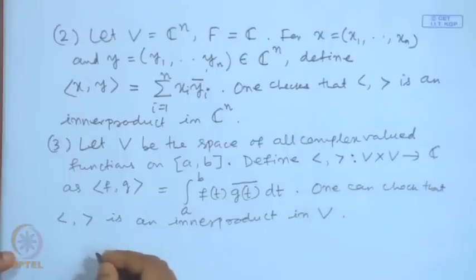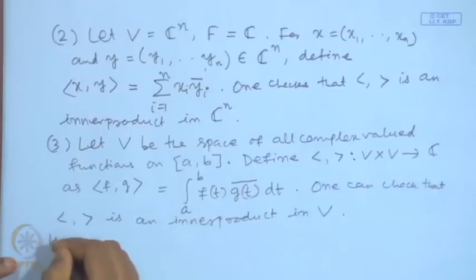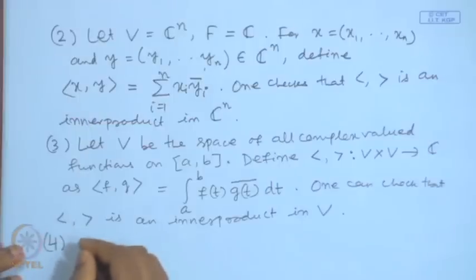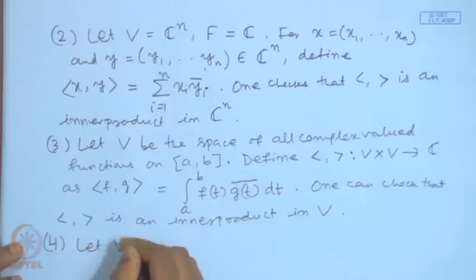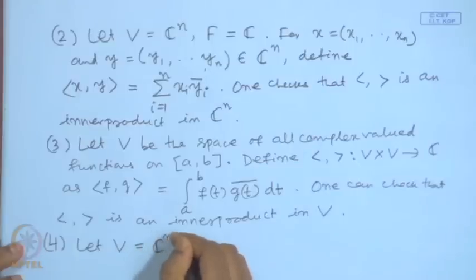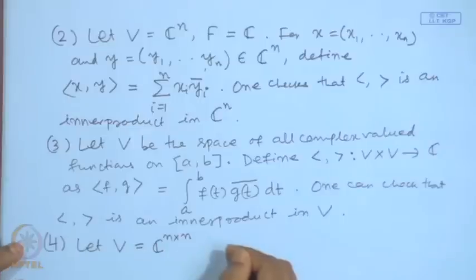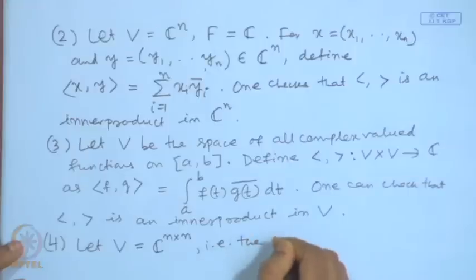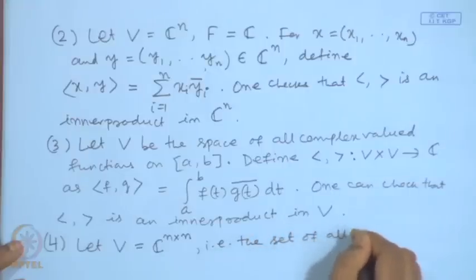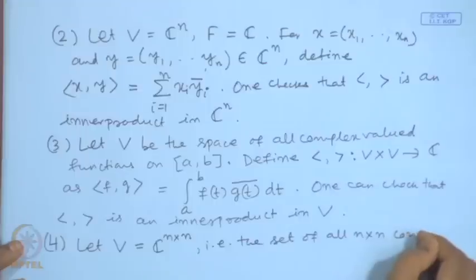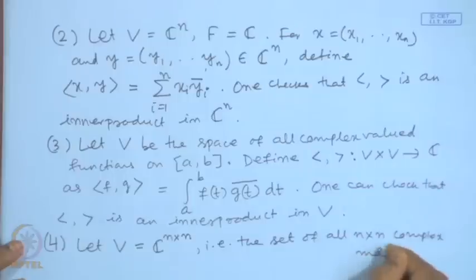Let us see another example. Here we consider V to be the set of all n by n matrices with complex entries, that is, the set of all n by n complex matrices.